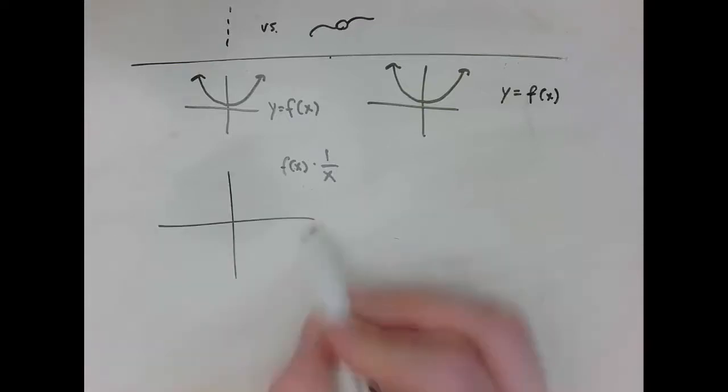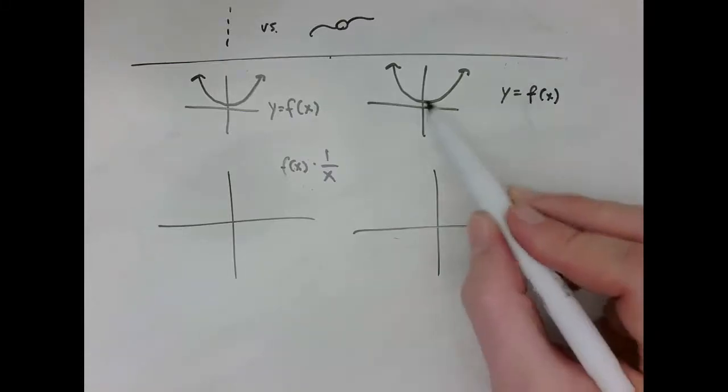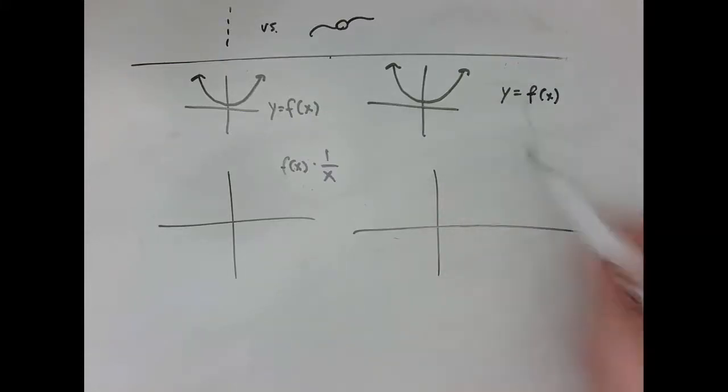Well, here, let's do the other one first. Let's say we wanted to add a removable discontinuity at 0. We would have f of x times like x over x, for example. And that would put in the removable discontinuity.